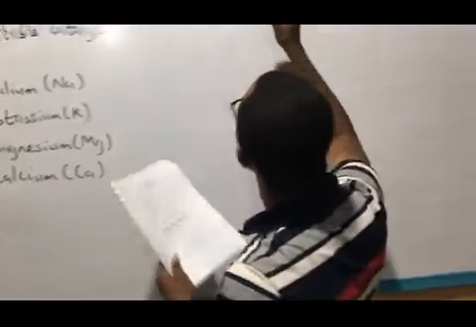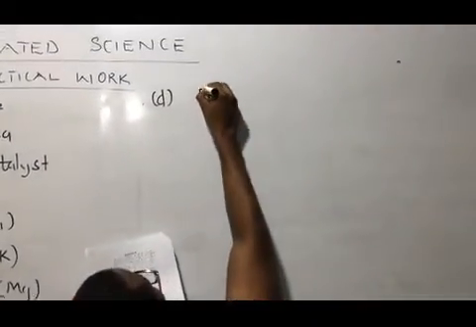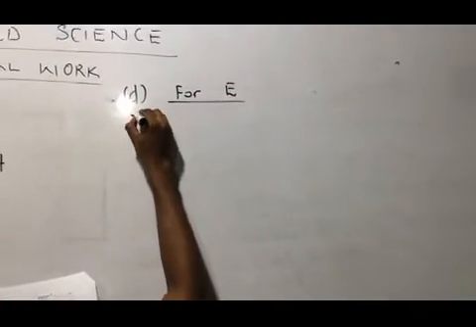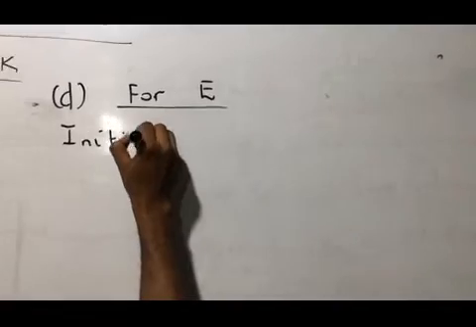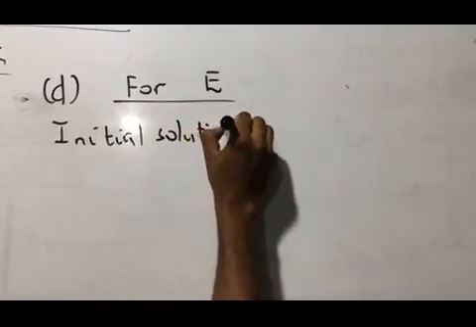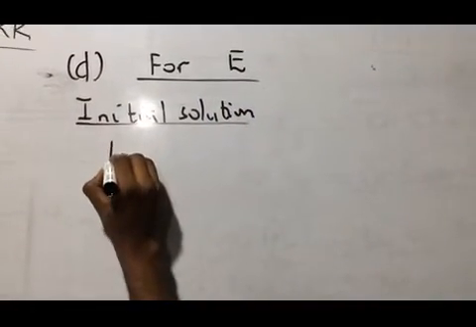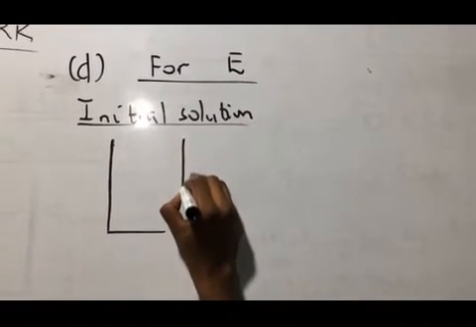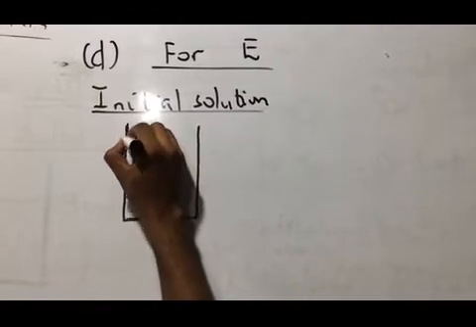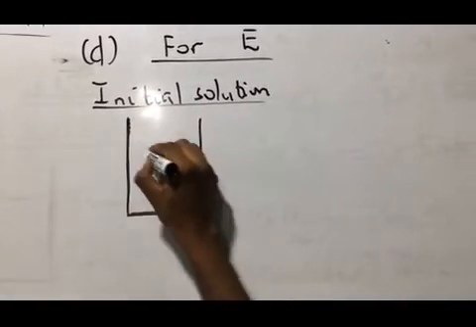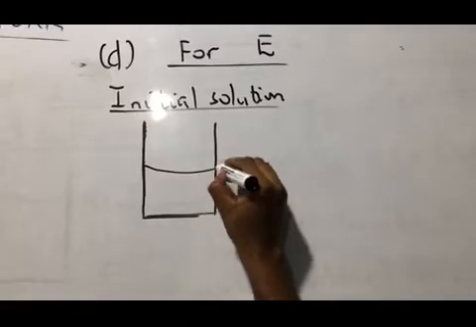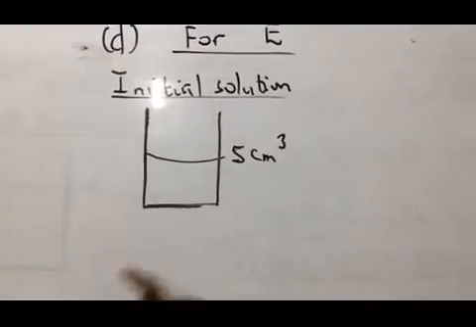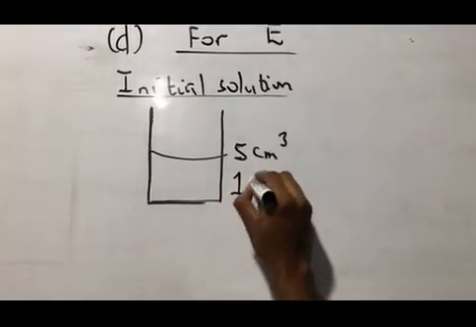So for E, you have your initial solution. From the preamble, it was 5 cm cube of the stock solution that was put into each of them. So you have 5 cm cube. And the concentration of the solution was 1 molar.